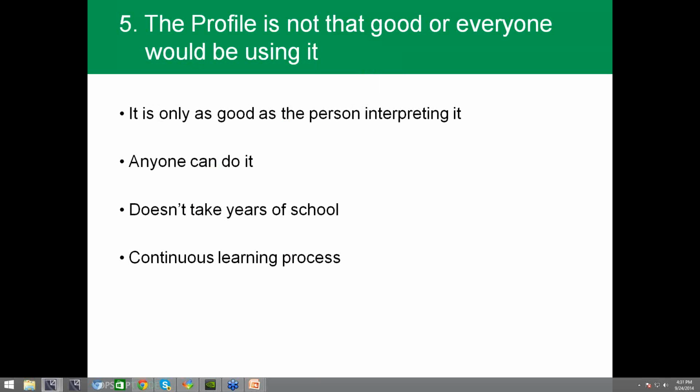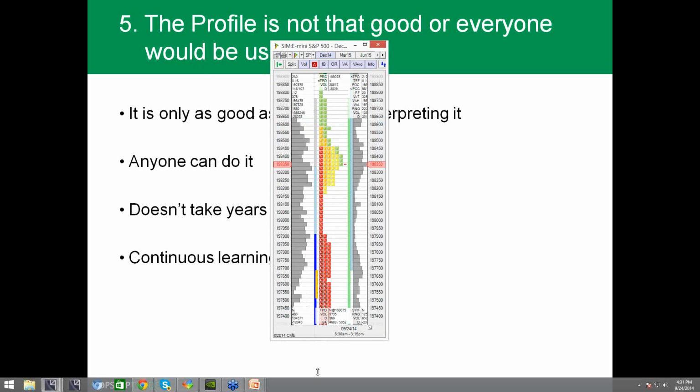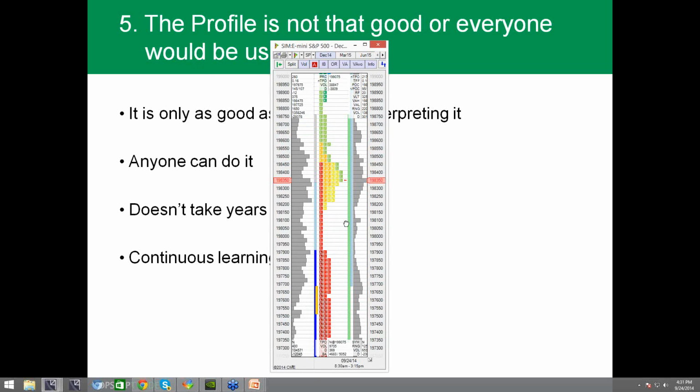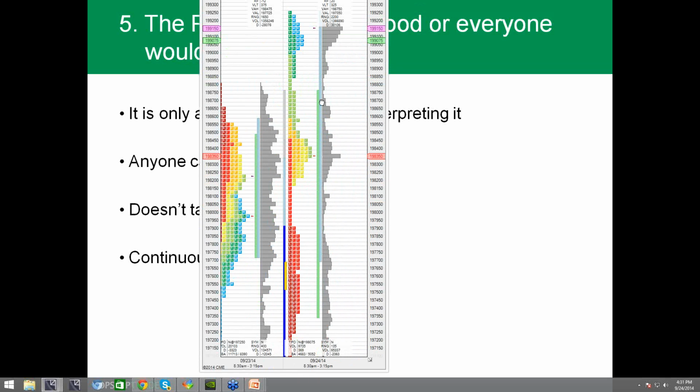Let me see if I can find a good example here. All right, look at the S&Ps today. All right, here's the S&P profile.